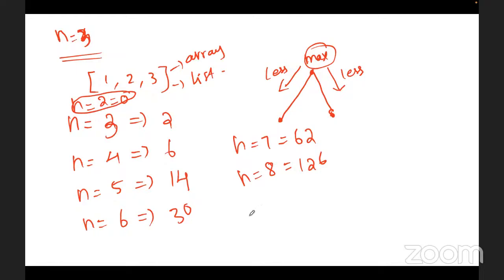So this 0 is nothing but peak of n minus 1 plus 2 power n minus 2.